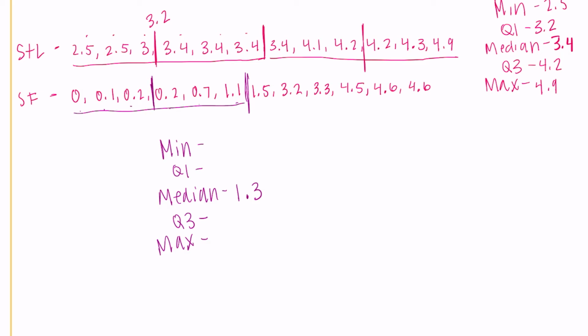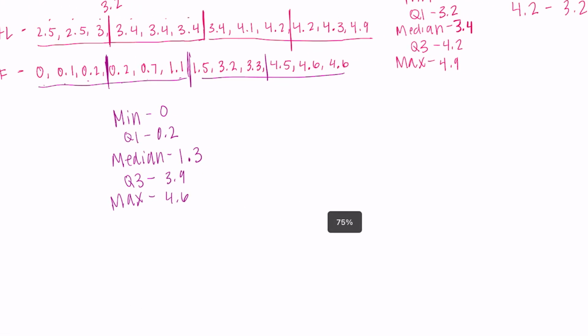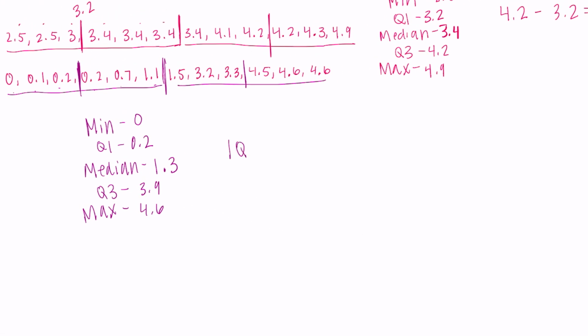Right here in the middle, we're splitting 2/10 and 2/10, which would just be 2/10. All right, the minimum was 0, max is 4.6. And then up here, in the middle of 3 3/10 and 4 5/10 would be 3 9/10. So these are all in inches. So our IQR would be equal to 3 9/10 minus 2/10. So we do quartile 3 minus quartile 1. So there, the variability is 3 7/10.